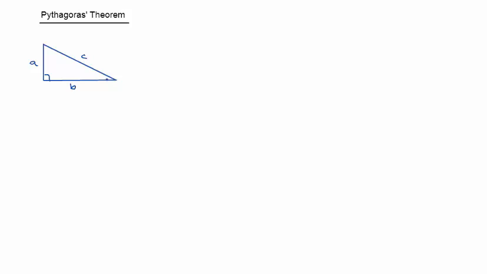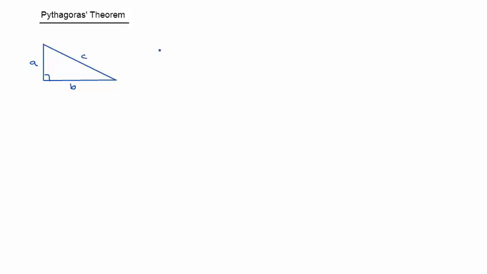So we have a right angle triangle over here, and the lengths of the three sides are denoted by the letters A, B and C, where C is the length of the hypotenuse. Now the theorem tells us that if you take the length of any of the sides that is not the hypotenuse and square it, that means multiply that number, the length is a number, right?